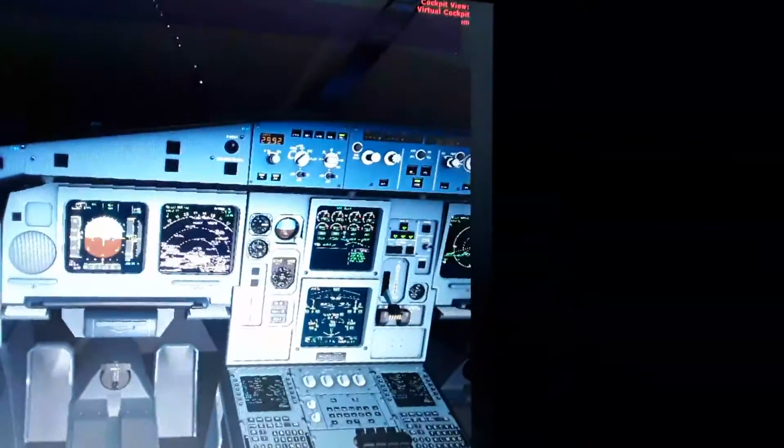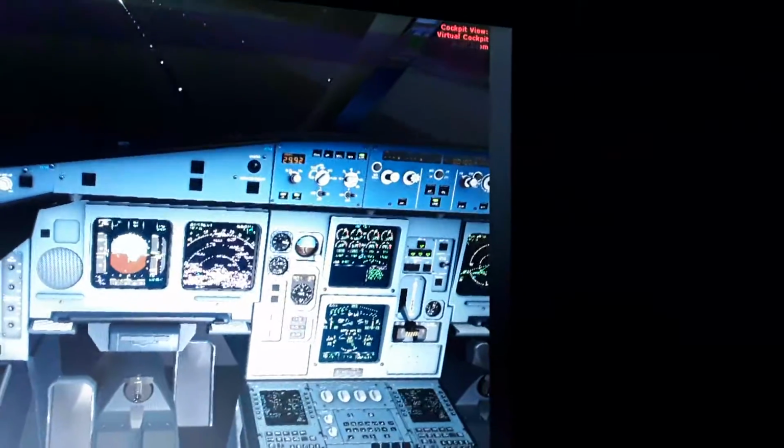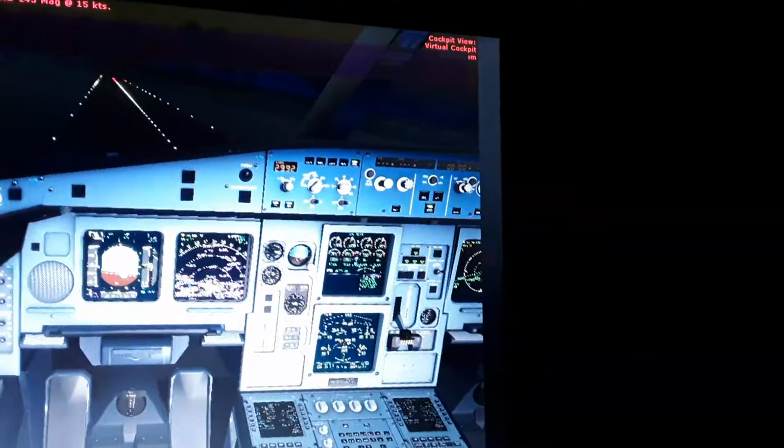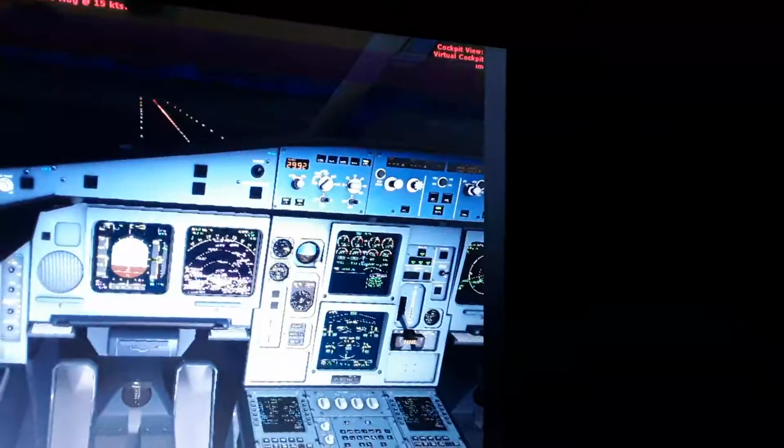You can see we have reached rotate right now, so we can take off. Retract the landing gear.